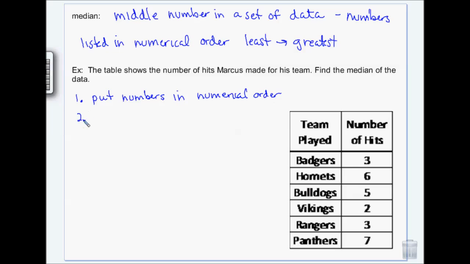And then our second step is to locate the middle number. I usually cross out numbers as I've written them down, because that way I don't miss anything, and I know I've used everything at the end.